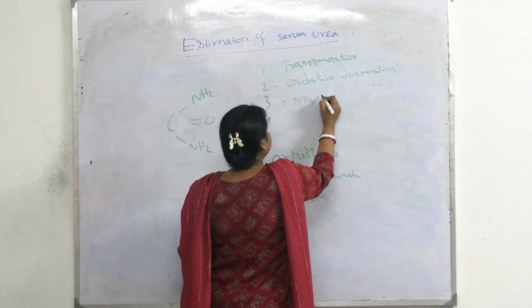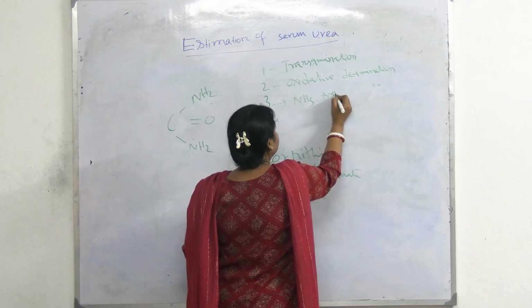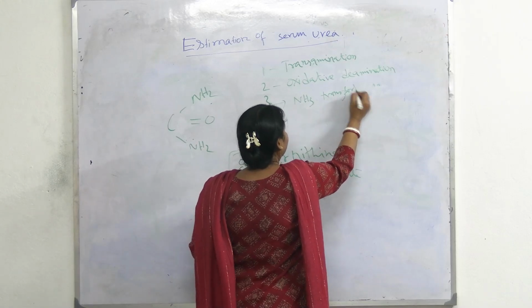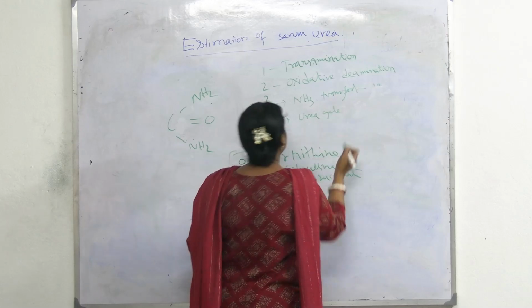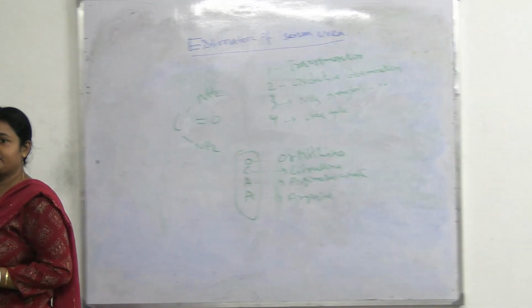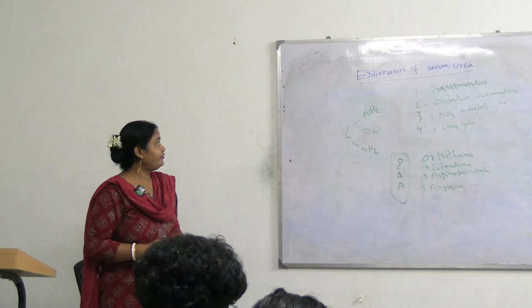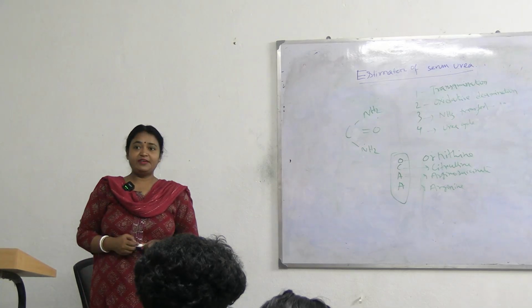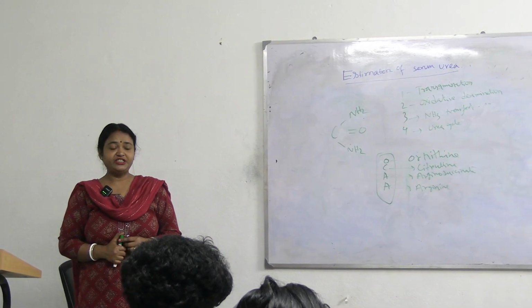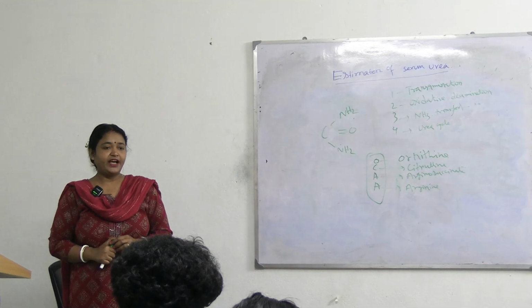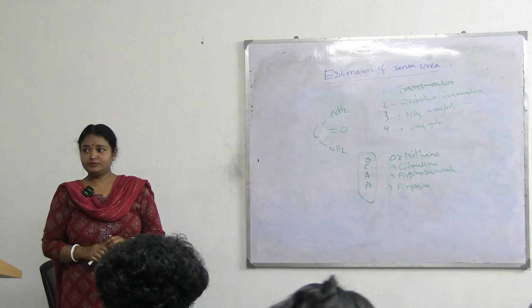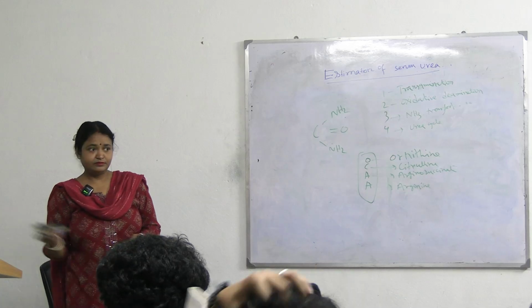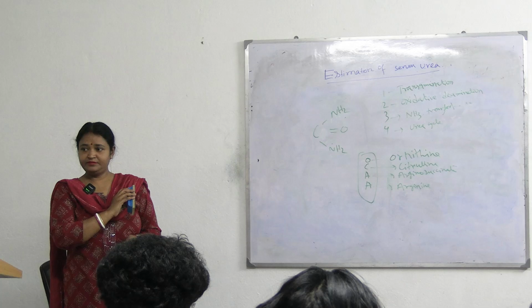Ammonia transport. And last is the urea cycle. So how is urea formed? You have to remember those 4 steps: transamination, oxidative deamination, then ammonia will be transported, and last is the urea cycle in the liver. Okay, now I can erase it.